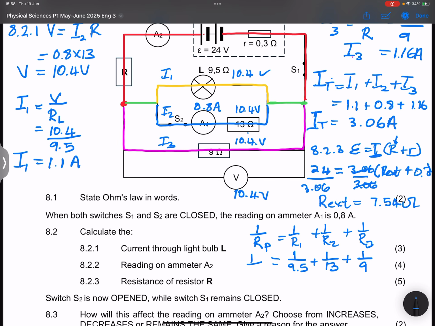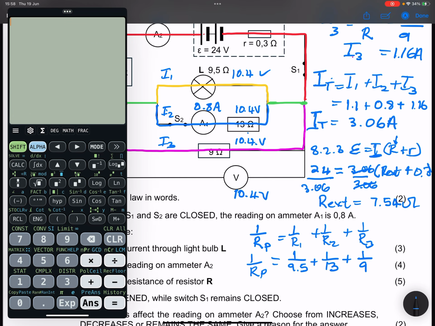Now please remember, you are also going to have to invert this. Okay, we get all of that. So we need to invert it, because we are looking for R parallel, so we invert our answer. I get a value of R parallel.